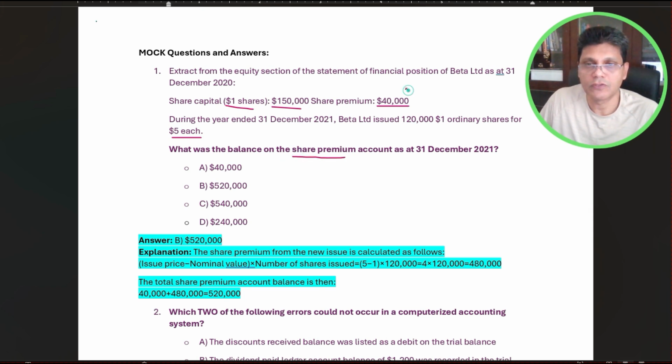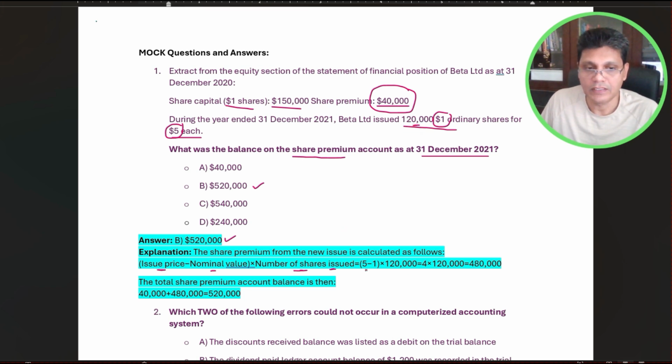We had an opening balance of 40,000 US dollars. After issuing this, what will be the closing balance? The answer is 520,000. How did we arrive at this number? Basically, your nominal value is $1 and these shares are issued at $5. So the issue price is $5 and the nominal value is $1. That difference is multiplied by the number of shares issued, which is 120,000 shares.